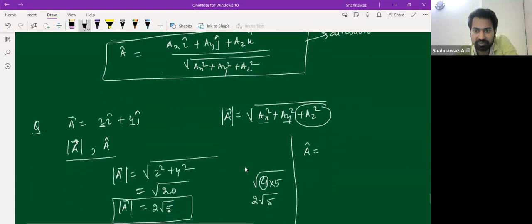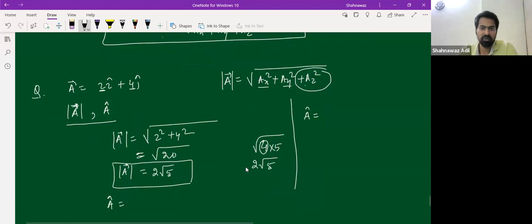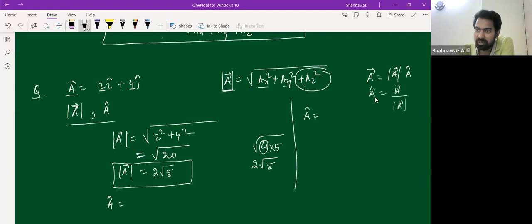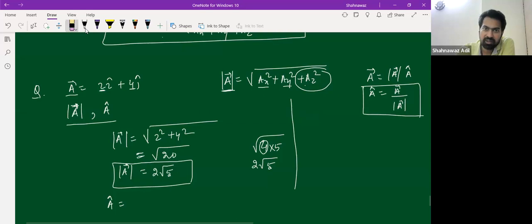So whenever you don't know the answer, just think about what is given. The vector is given and the magnitude is given, and we know that this vector depends upon this magnitude as well as this direction. So this direction would be simply the division of this vector by this magnitude.